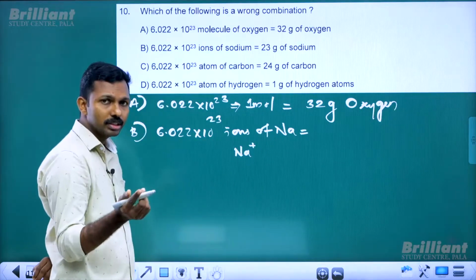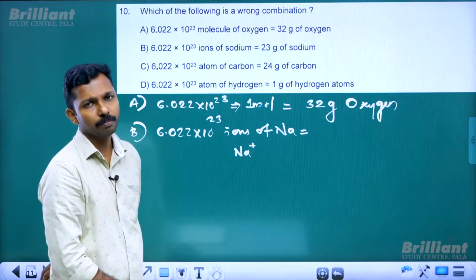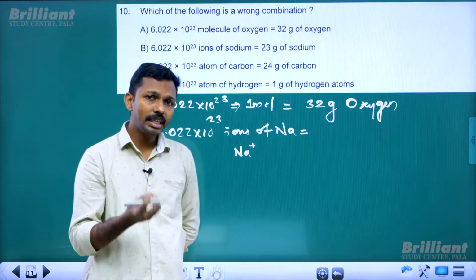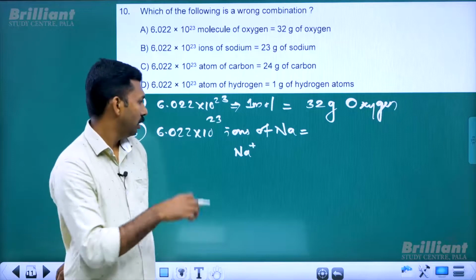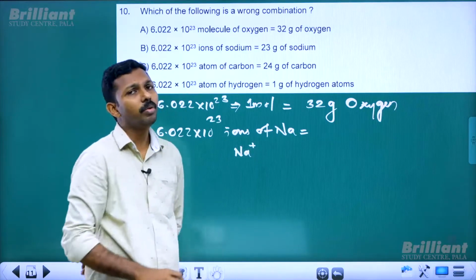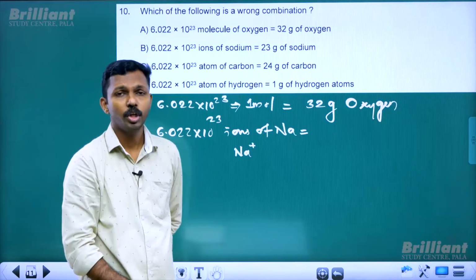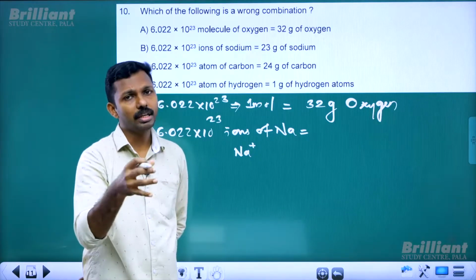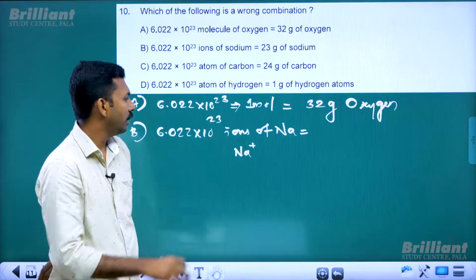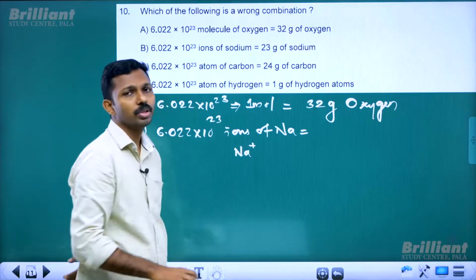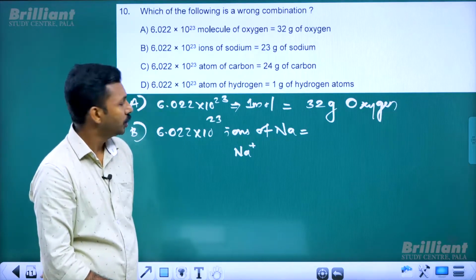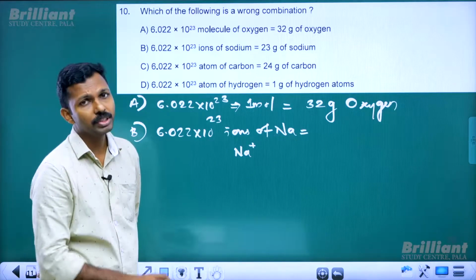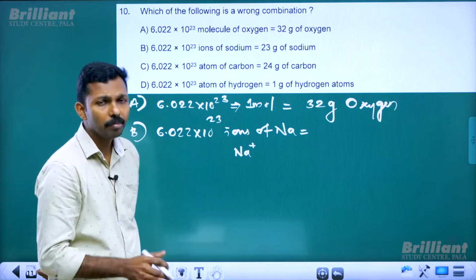Na plus means 1 electron is lost from sodium. Is there any change in its mass number if an electron leaves the atom? No, because mass number is the number of protons plus neutrons. There is no change in the number of protons or neutrons in this species, so its atomic mass will remain the same.